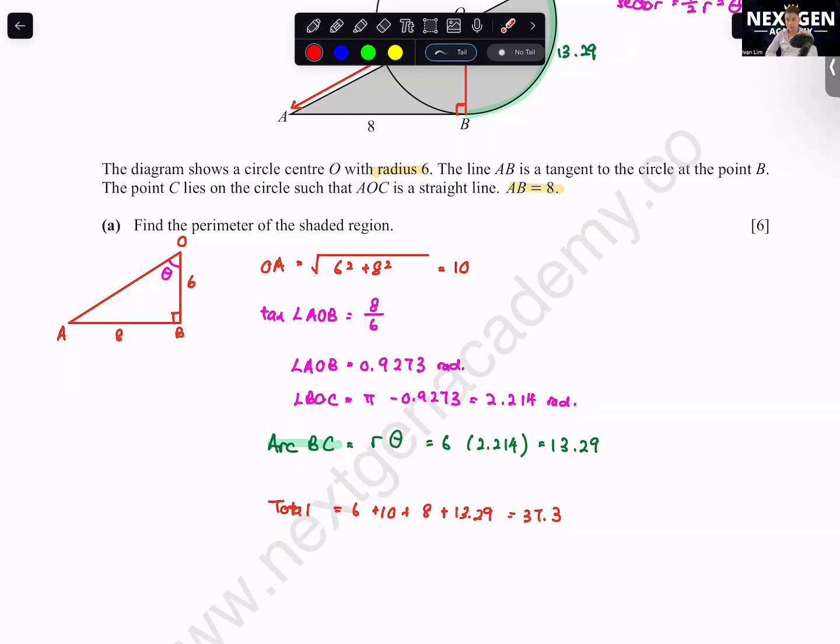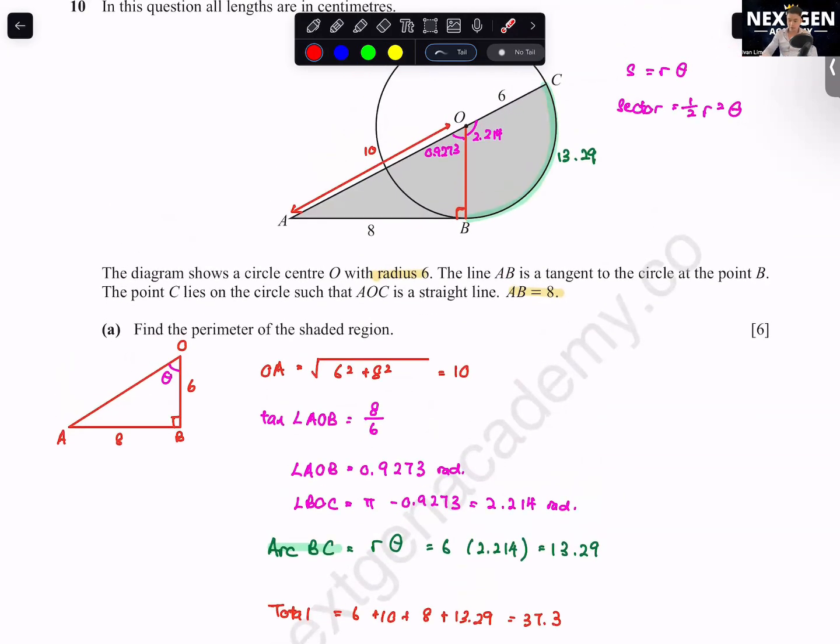Technically you can, but when you learn circular measure in NMath, we use these two formulas. In math, you'll learn theta over 360 times 2 pi r, then theta over 360 times pi r squared. You use these when you put it in degrees. When you use radian, you use r theta and half r squared theta. So stick with the NMath way because we are doing NMath here. I don't know how strict they are, but in the mark scheme, they never write any answer for the degree one at all. Your final answer should be the same. It's just the steps. I don't know whether they will give you the marks or not.